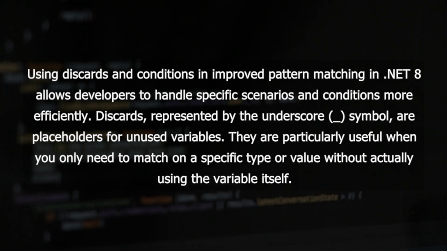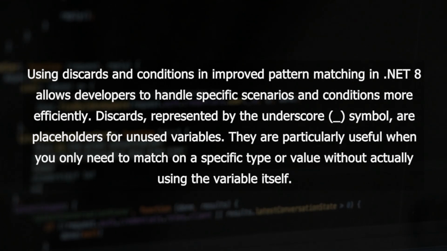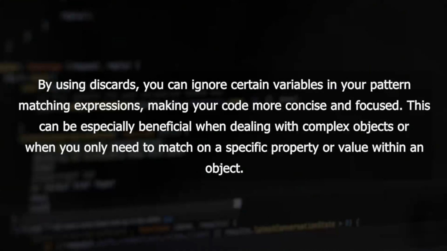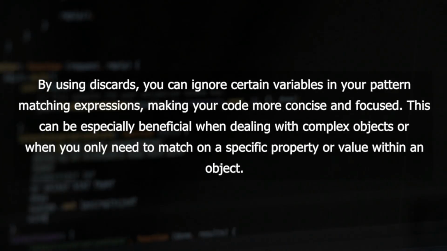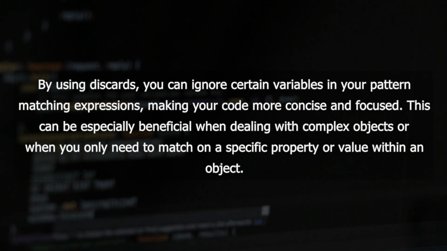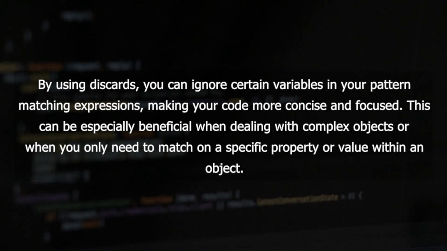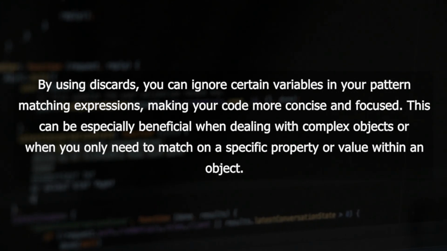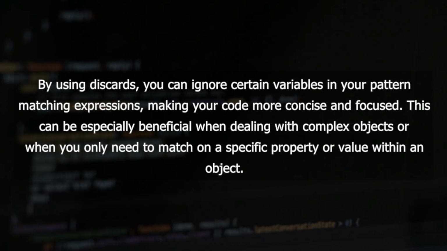They are particularly useful when you only need to match on a specific type or value without actually using the variable itself. By using discards, you can ignore certain variables in your pattern matching expressions, making your code more concise and focused. This can be especially beneficial when dealing with complex objects or when you only need to match on a specific property or value within an object.